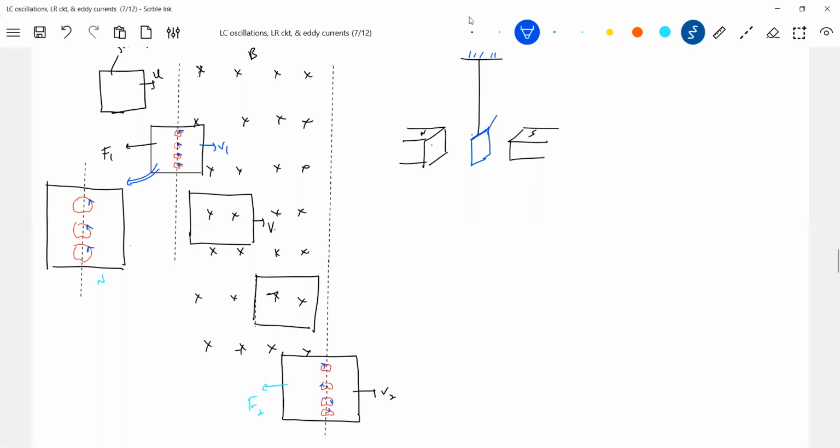There's a loop, or you better say an iron plate, a conducting plate. Now I'll deflect it. As it deflects, what will happen to the motion of the plate here? Will there be damped oscillations or undamped oscillations?